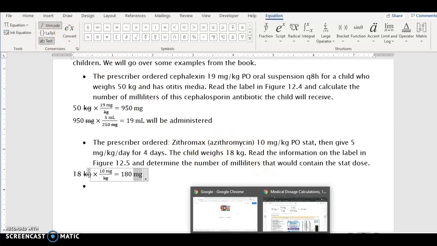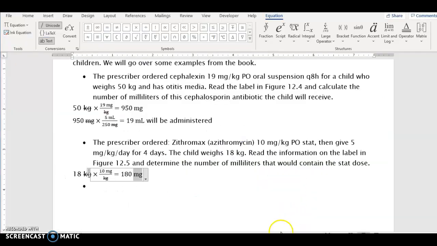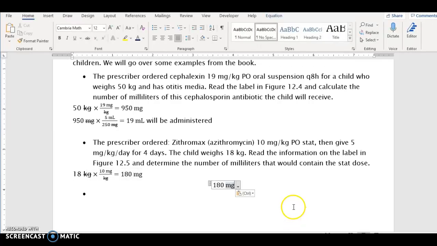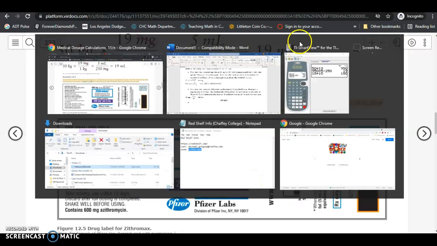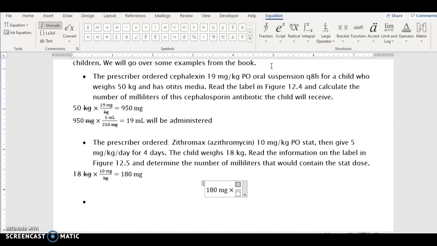All right, so now we need to look at the label to figure out the concentration of the drug. Okay, and it says 200 milligrams are in 5 milliliters. So we're going to flip that around. Take the 180 milligrams and multiply by 5 milliliters over 200 milligrams.